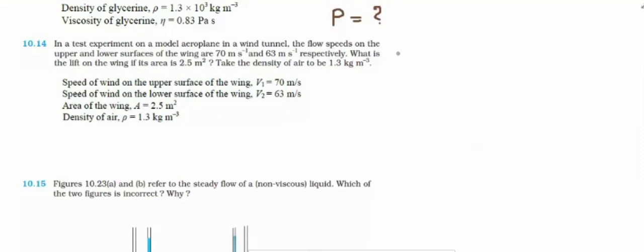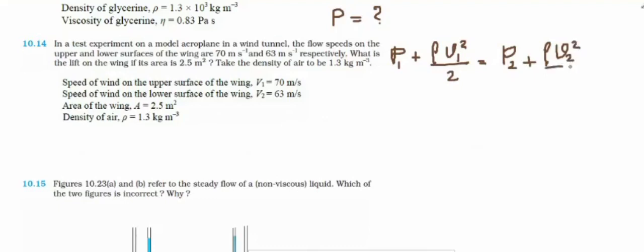So when you apply Bernoulli's theorem, you will get P1 plus rho V1 square by 2 is equal to P2 plus rho V2 square by 2. V1 is 70 meter per second and V2 is 63 meter per second. So rearrange the equation and find the value of P2 minus P1.